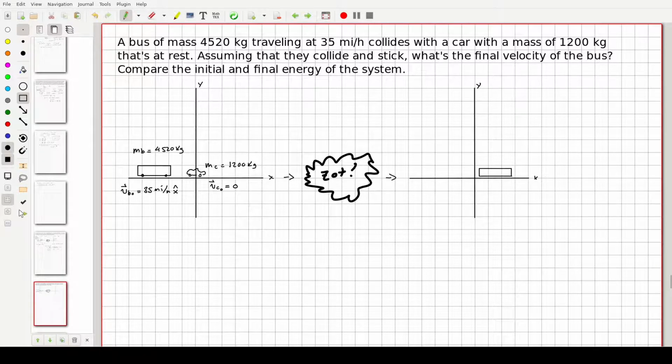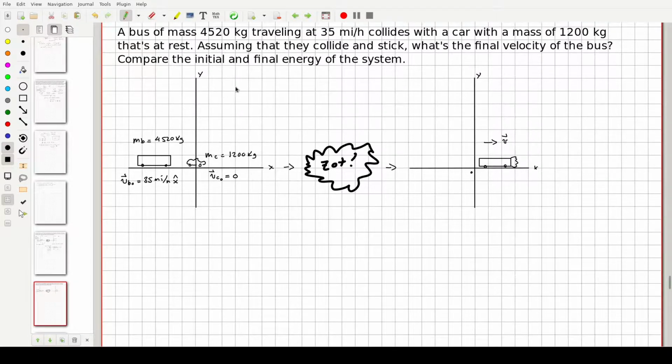I'm not sure what you call that. You've got your wheels, you've got the car stuck on the front, we'll say. Because they're a composite object, both of these go flying off at the same velocity. That velocity is v.